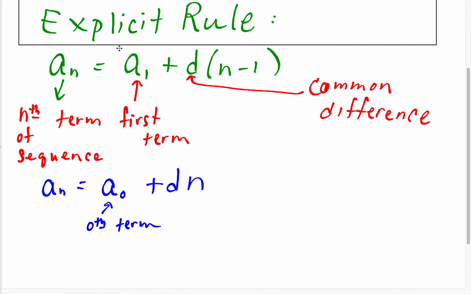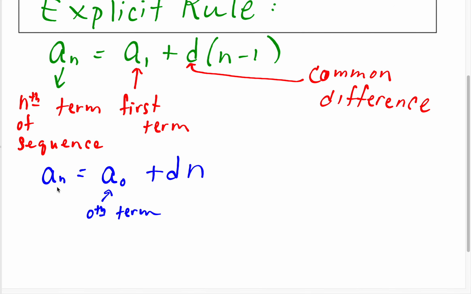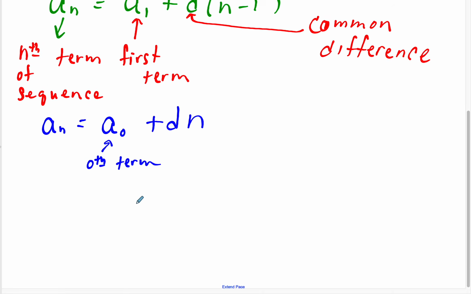The only difference is, with the green formula, you're starting with the first term. With the blue formula, you're starting with the 0th term. Sometimes you might just be given the 0th term, sometimes you might just be given the first term. If you're given the first term, I would use the green formula; the blue formula if you're given the 0th term.